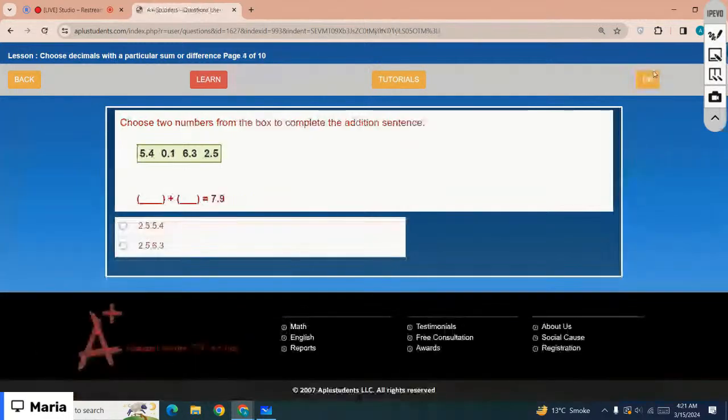Choose two numbers from the box to complete the addition sentence. Dash and dash have a sum of 7.9. Which two numbers have the sum 7.9?